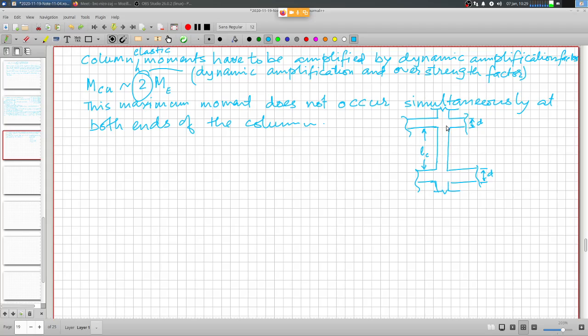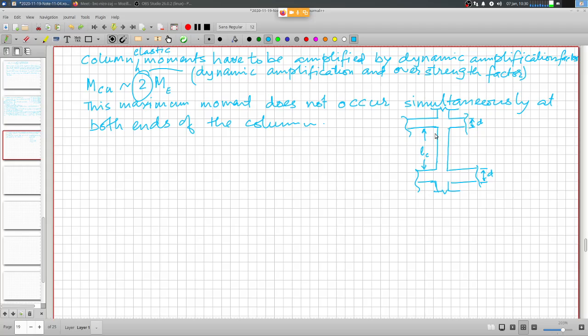The implications are in the calculation of the shear force in the column. What is the maximum shear that will happen? The maximum shear force and maximum moment don't occur at the same time.